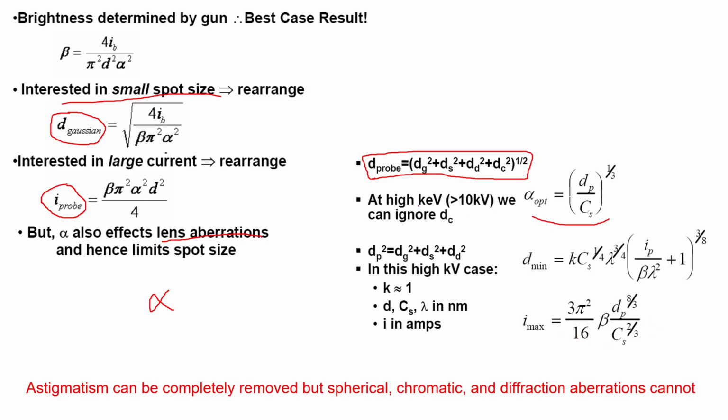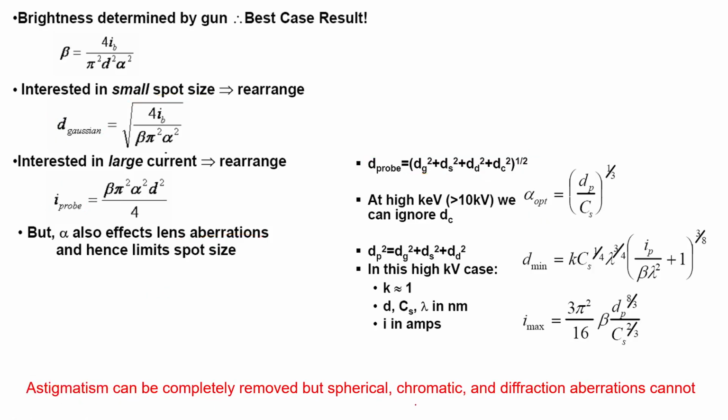So we always need to compromise on various things, and depending upon the information we need, we will have different compromises. There is one more point which you need to keep in mind: astigmatism can be completely removed, but spherical, chromatic and diffraction aberrations cannot be completely removed from the system.